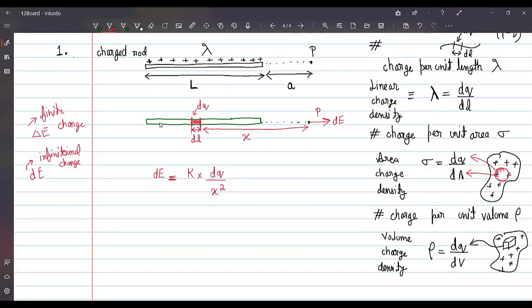So to add up electric field due to all the charges, now electric field is a vector, but all the points are giving electric field in the right direction only. So we can just add up electric field due to all the points. In that sense, I can write the net electric field as the integration of this term. Integration is basically adding up. Integration is equivalent to adding up.